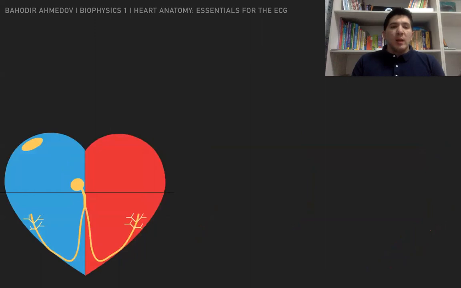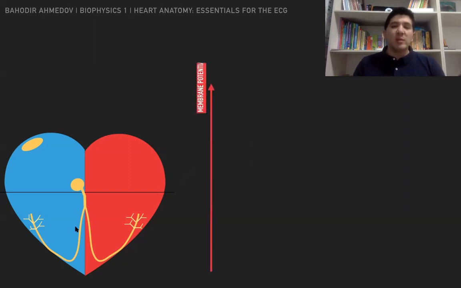As I told you, all of these parts of the heart are able to create their own beat, their own action potential. The shape of the action potential created by, for example, the SA node is going to be really different from the shape of the action potential created by the AV node. Let's look briefly at the shapes of the action potentials created by the different parts of the heart.